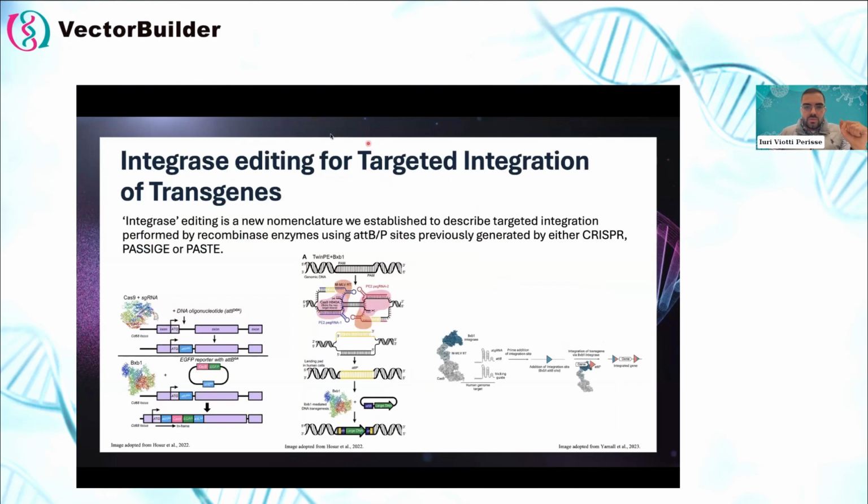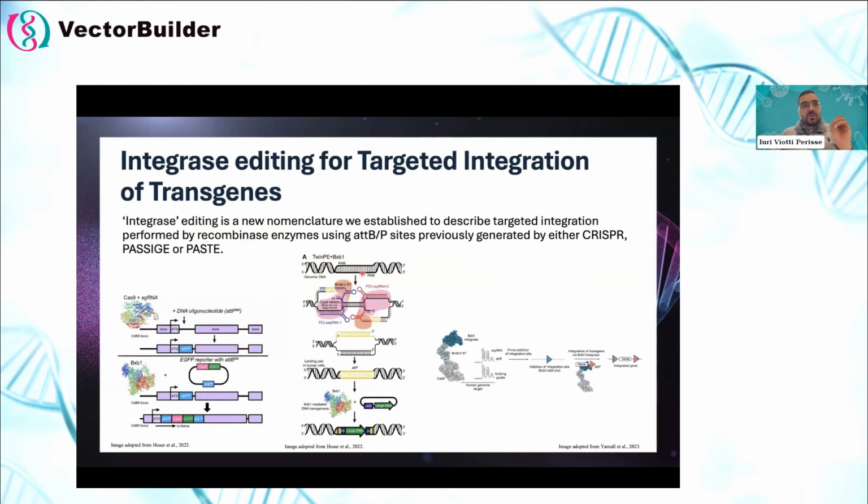So now I want to talk to you about the Integrase editing, which is not an official name, but it's a name that we put to say we can do an integration of transgene into a target locus by using the ATTP, ATTB recombinant site.